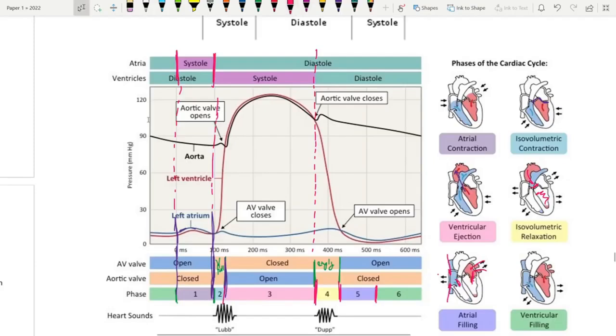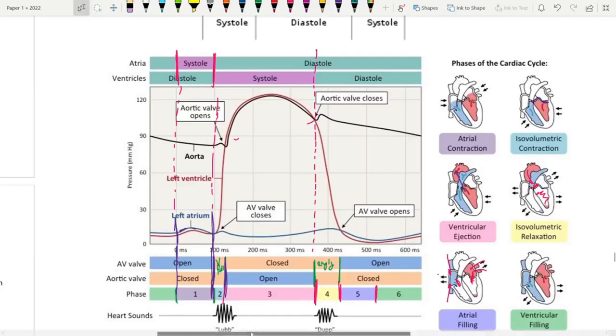So we can say it like this: ventricular systole will occur right after the atrioventricular valve closes and until the aortic valve closes again after opening. See, it opened and then closed again. That's the region of the ventricular systole. And atrial systole just occurs till the atrioventricular valve closes, in the region just before; you're going to see that the pressure of the atria rises just before.